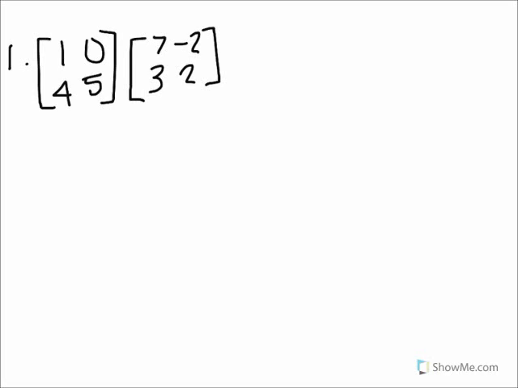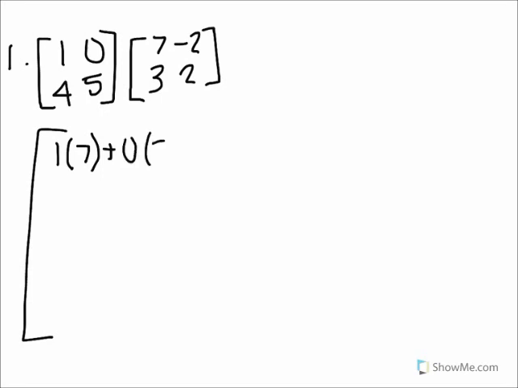To begin our warm-up, we are going to be multiplying these matrices together. To do this, you will multiply 1 by 7 plus 0 times 3.